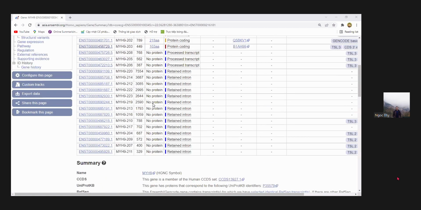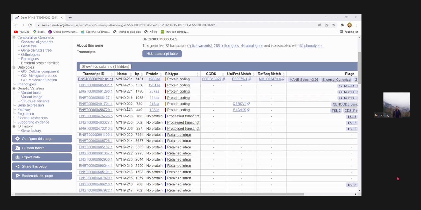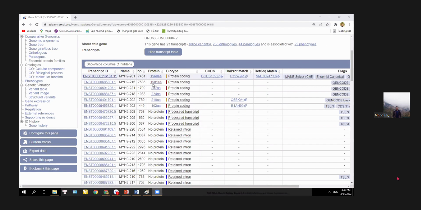Among the 6 transcript variants that encode for protein, the largest one is the 215 here, and it's encoding a very big protein of 1981 amino acids. Meanwhile, the smallest variant is coding for only 103 amino acids.